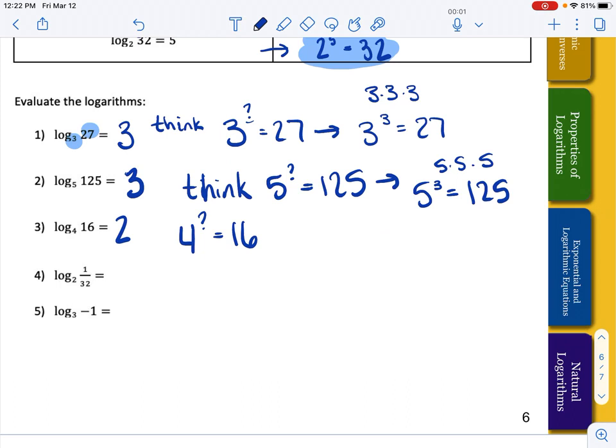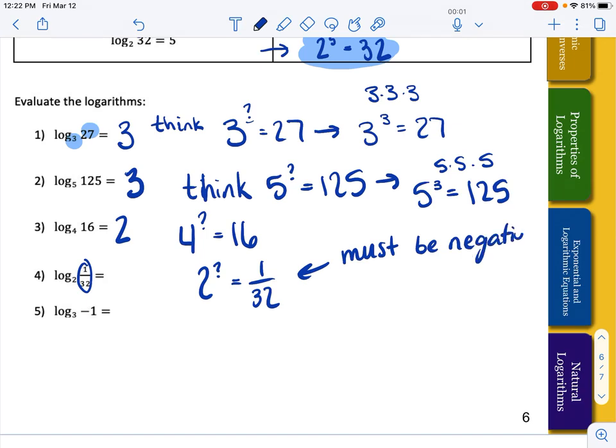This next one gets a little interesting. How are we supposed to get 2 to some power equal to 1 over 32? Great question. We know our exponent must be negative. That will make our solution the reciprocal of what it is, because we know that 2 times 2 times 2 times 2 times 2, or 2 to the 5th power, is actually equal to 32.